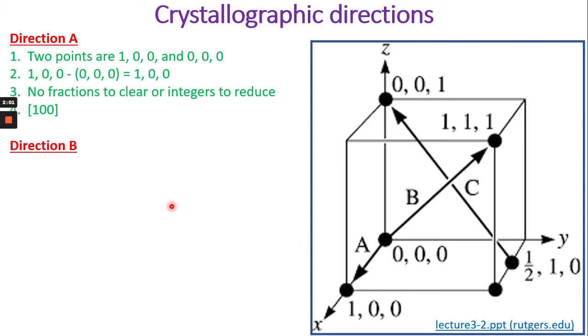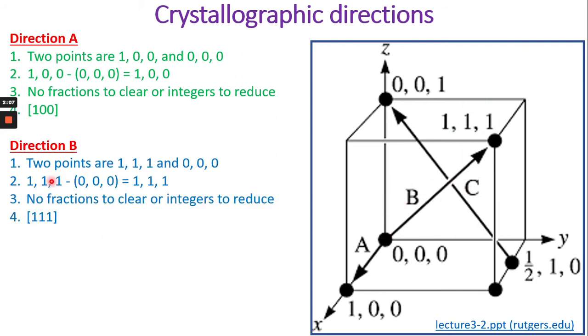Now the second direction, which is direction B, is this one, 1, 1, 1. First of all, 2 points, 1, 1, 1 and 0, 0, 0. Now 1, 1, 1 minus 0, 0, 0, again 1, 1, 1. No fraction is required again. Then the final direction is 1, 1, 1. You move 1 along x, 1 along y and 1 along z.